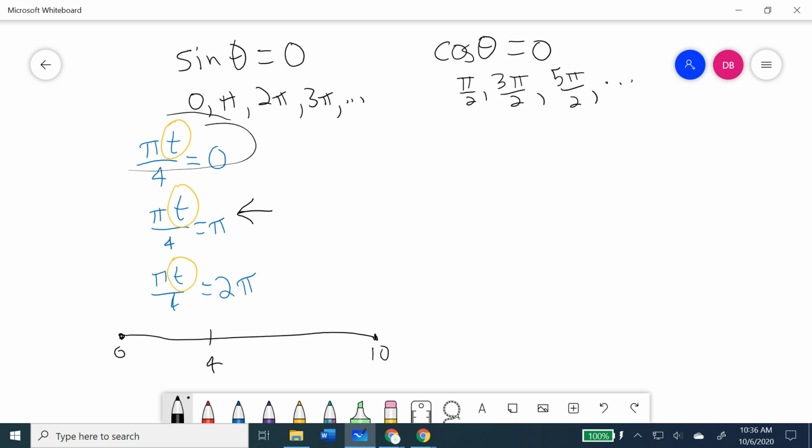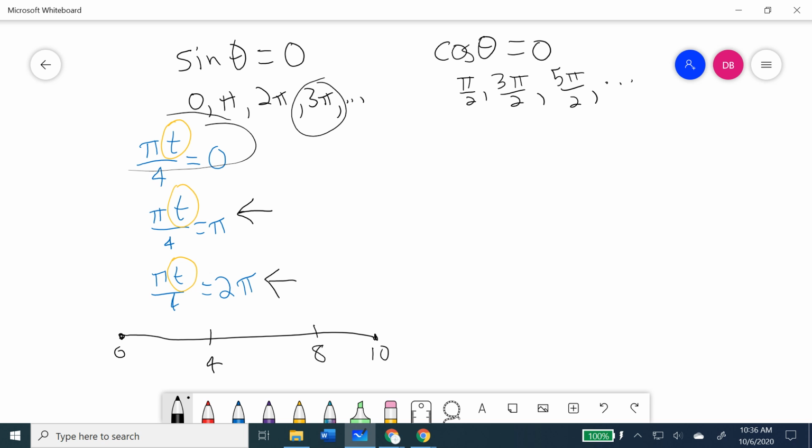Okay, I think you guys have it, you're talking with each other, figuring it out. For this one, when I solve for t and multiply by 4 over pi, I get 8. I feel pretty confident that I don't need to go any further than that, because I'd go out of my range of being between 0 and 10 for t.